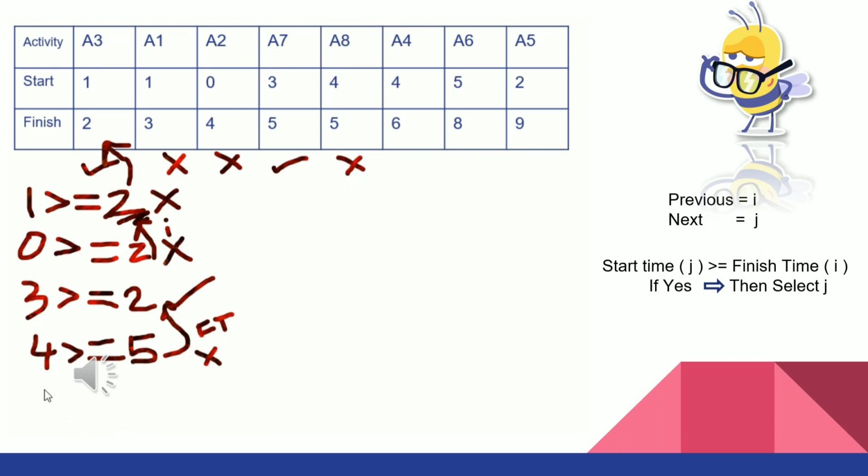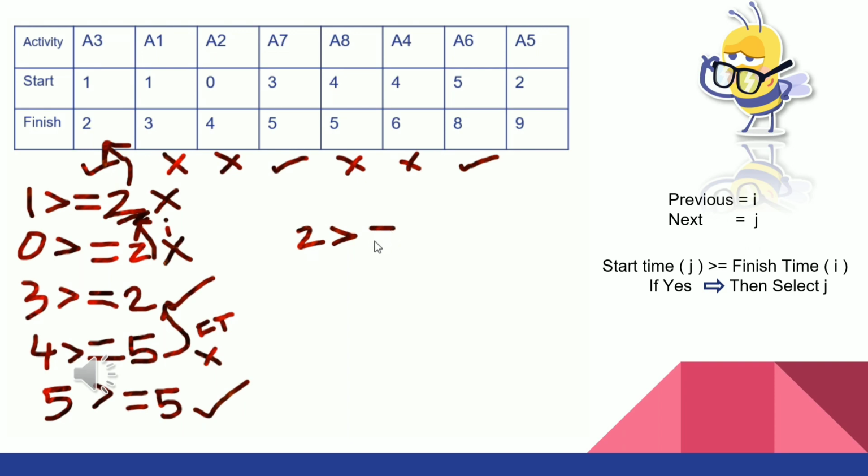Moving on to the next activity, the same condition applies and A4 is also rejected. Then we take A6, where 5 is the start time, greater than or equal to 5, the previous finish time, because previously 4 greater than or equal to 5 failed. Here it is satisfied, so the activity A6 is chosen.